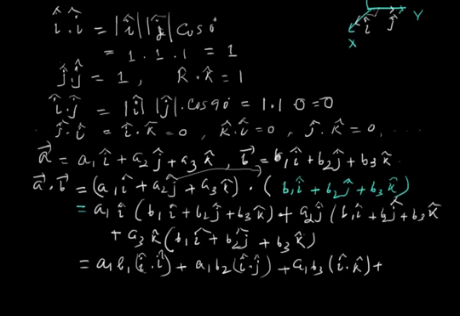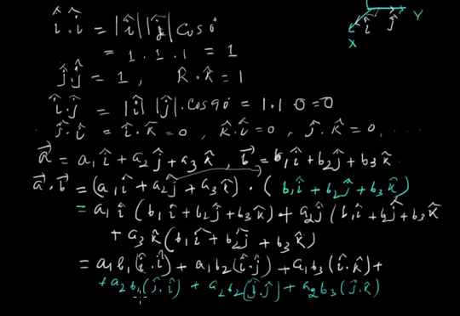Similarly, when you multiply A2, we get A2 B1 j dot I cap, A2 B2 j dot j cap, and A2 B3 j dot k cap.